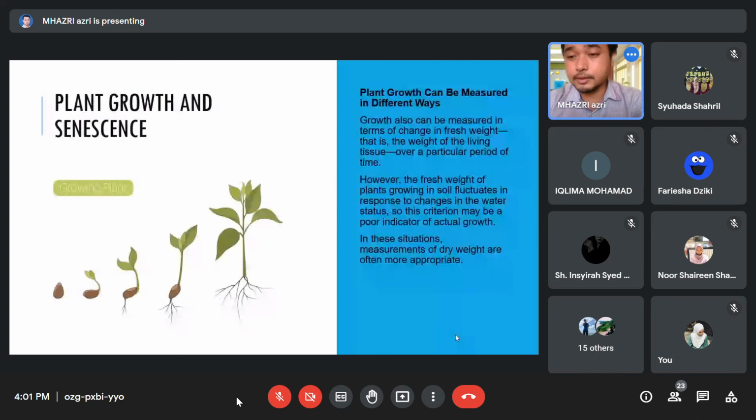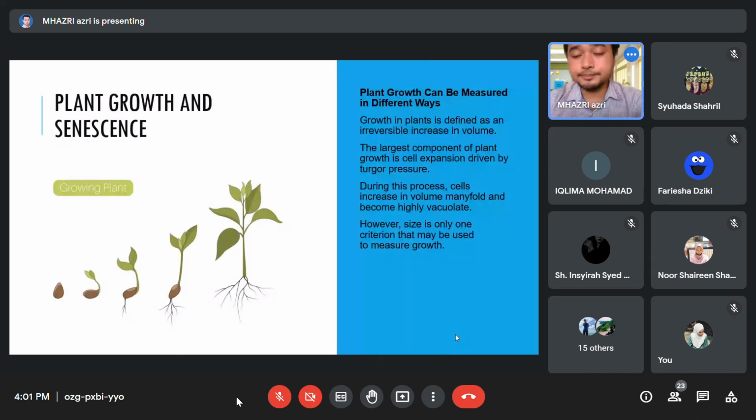So earlier, if we want to measure a plant based on size, yes, it can give us some growth parameters of plants. For example, if you measure the height, the diameter, the girth of the plants, by measuring these parameters we can estimate the plant growth.